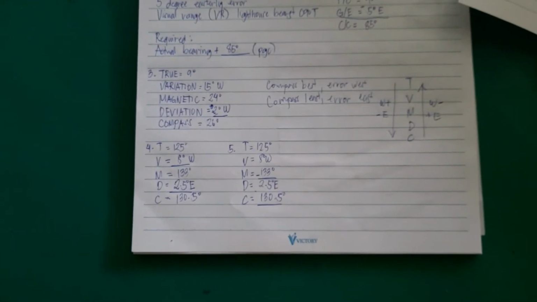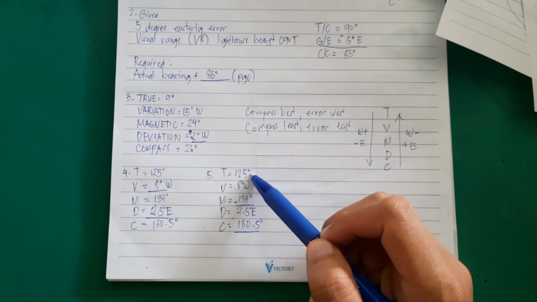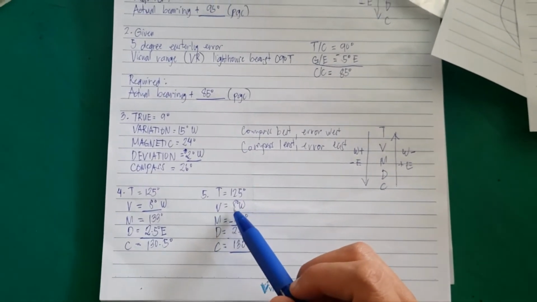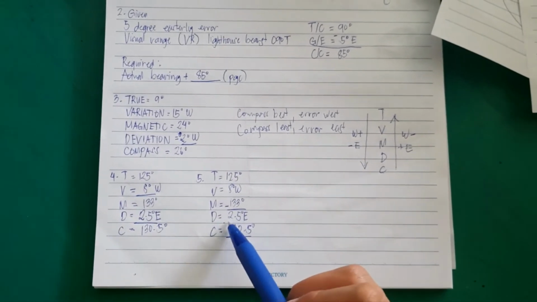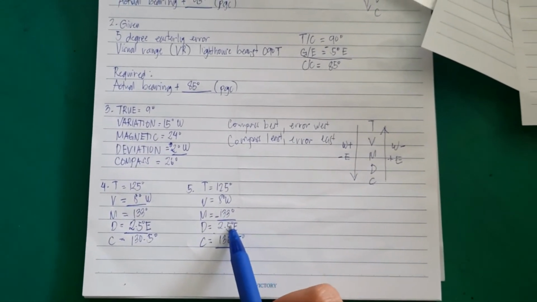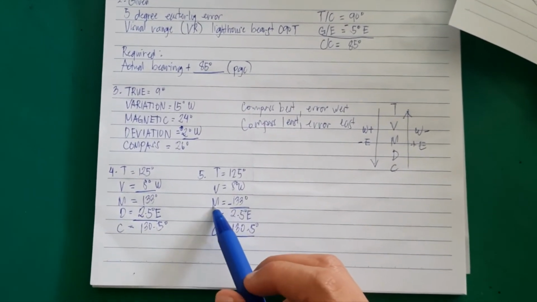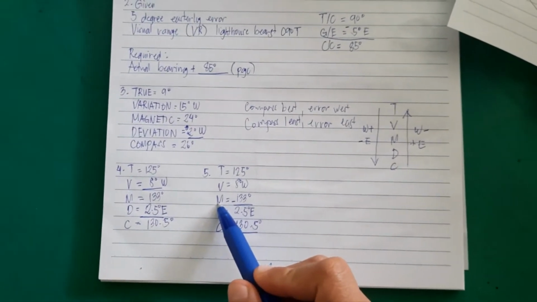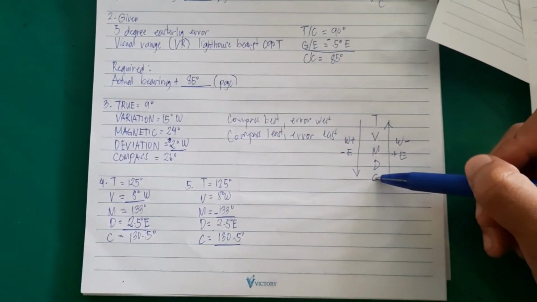Number 5. So the given is true course 125 degrees. The variation is 8 degrees west. And the deviation is 2.5 degrees east. So the first thing to find is the magnetic. The applicable rule for this one is true course to compass course.